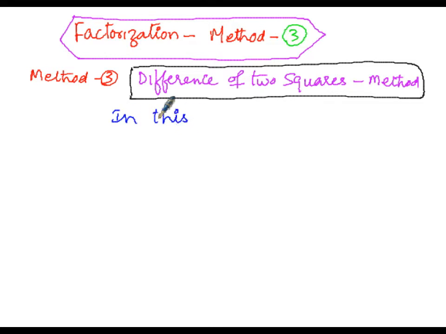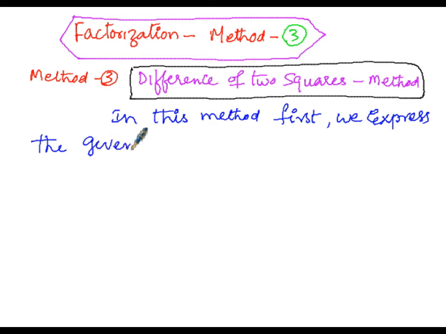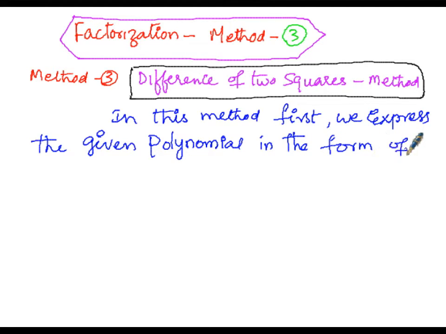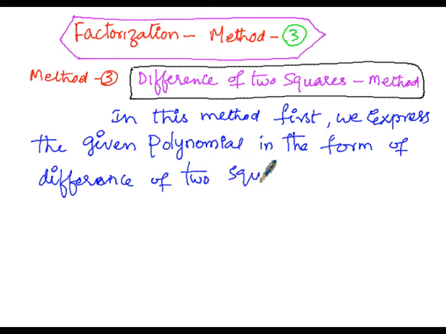So here in this method, first we express the given polynomial in the form of the difference of two squares, then we factorize it.